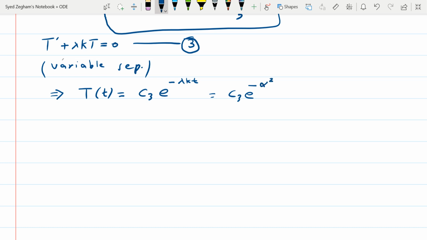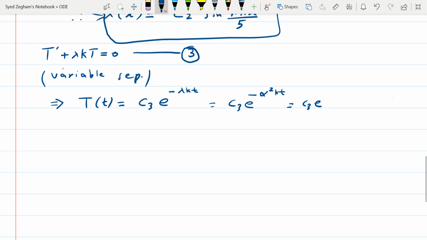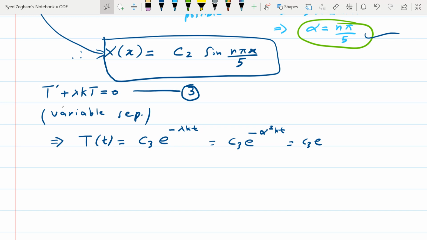We have already evaluated the value of alpha, which was n pi by 5. So this will become e to the power minus n square pi square kt by 5 square. I am writing it as 5 square. You can write it as 25 also. That's not a problem.